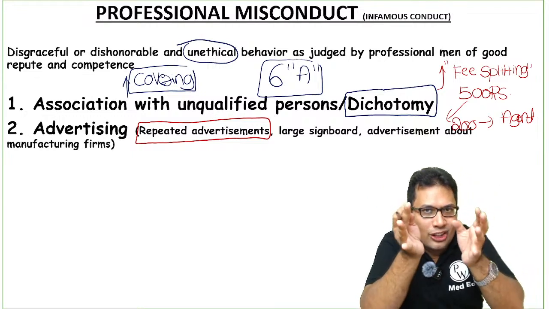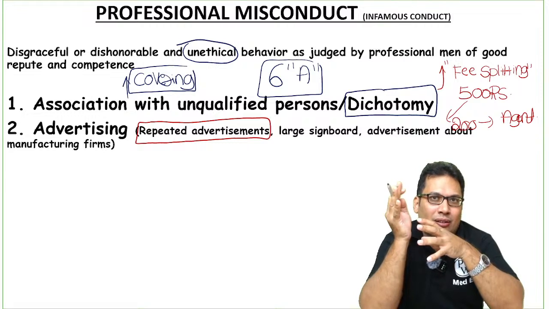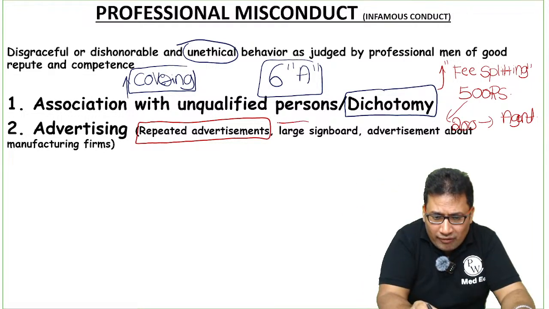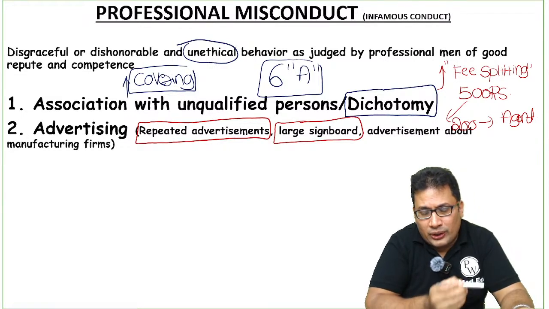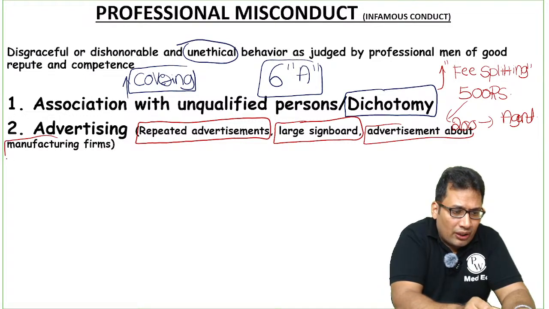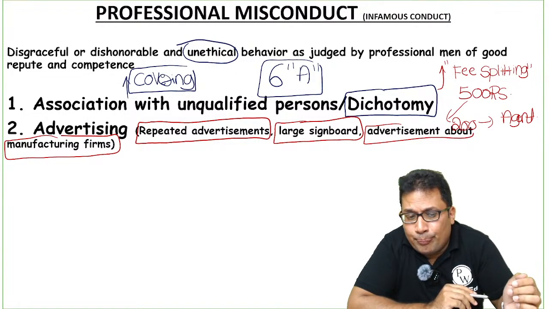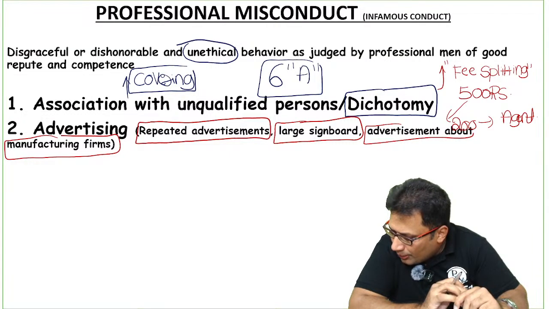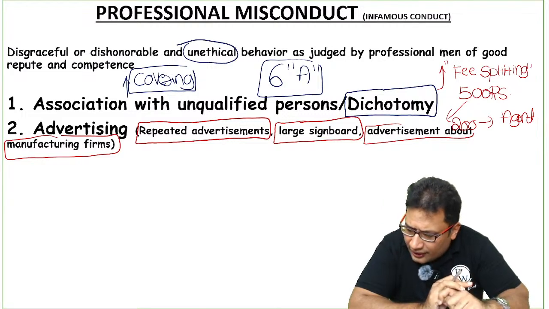As per NMC rules, National Medical Commission, repeated advertisement like giving offers, 1+1 offers, large signboards everywhere in the city about the doctor, advertisement about manufacturing of drugs or manufacturing firms can be professional misconduct. Yes, contribution to others, you can say it's a bribe also. Yes, that is fee splitting.